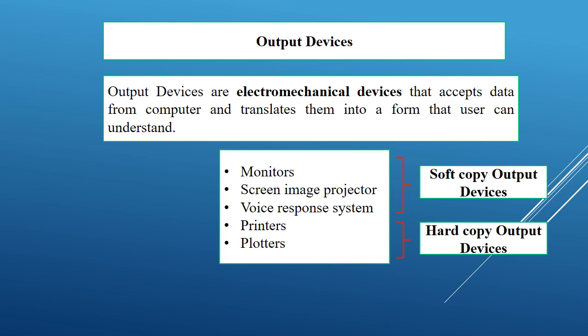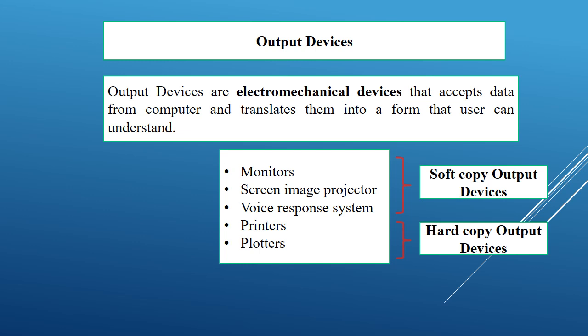This monitor, projector and voice response system come under soft copy output devices. Soft copy means that we cannot take a printout, so these soft copy output devices are temporary in nature. And then the printer and plotter.